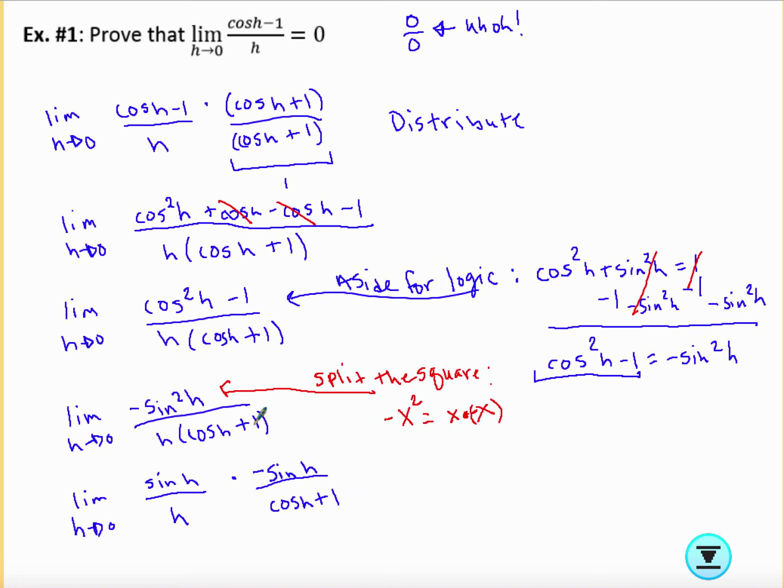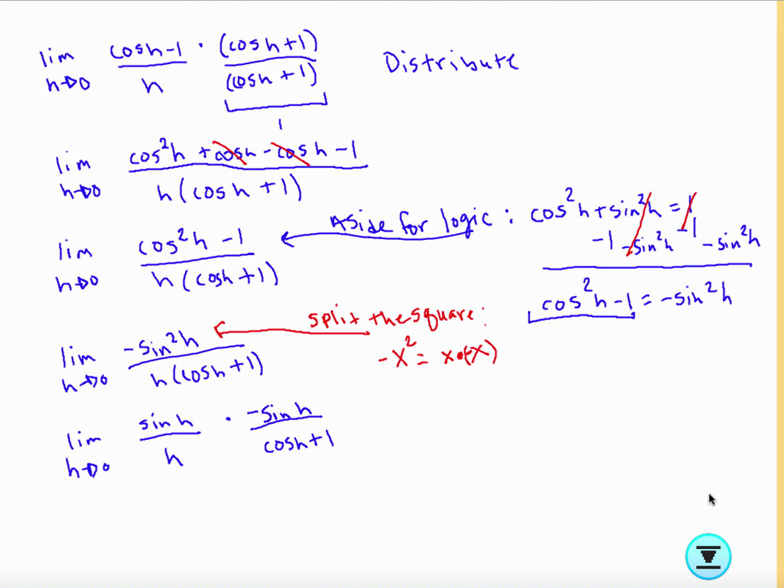Now, I haven't really changed this up. I've just split these fractions apart a bit. If I multiply them together, you multiply fractions straight across, I still have this exact same result. Sine of h times negative sine of h is negative sine squared of h, and h times the cosine of h plus 1 is h times the cosine of h plus 1. So I haven't gone crazy. But look what fanciness I've done.